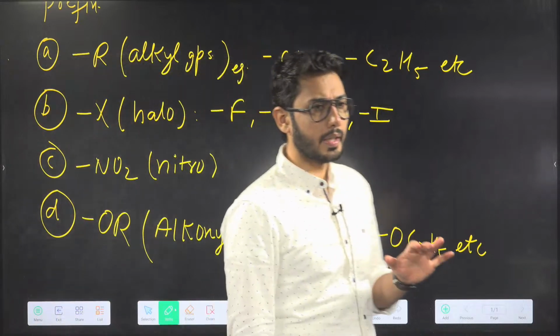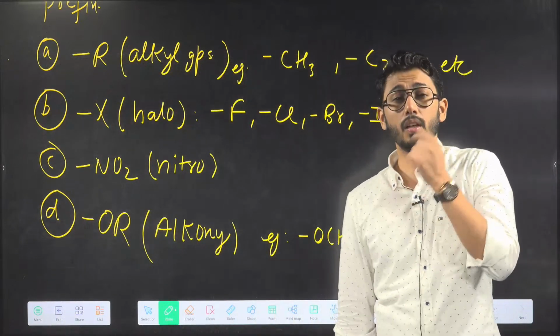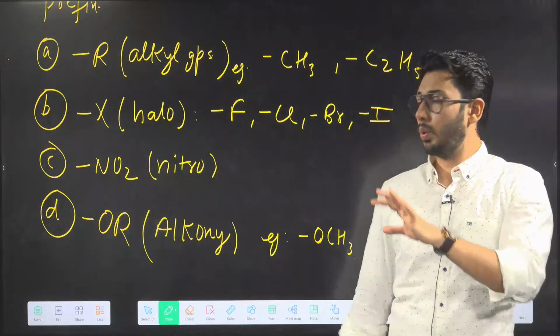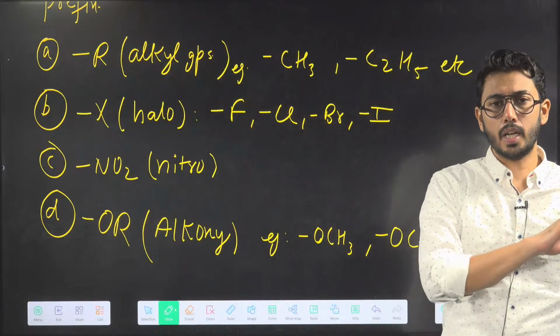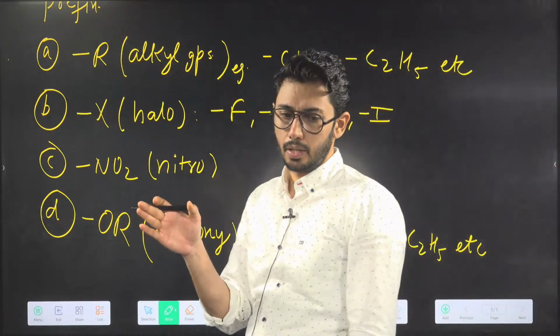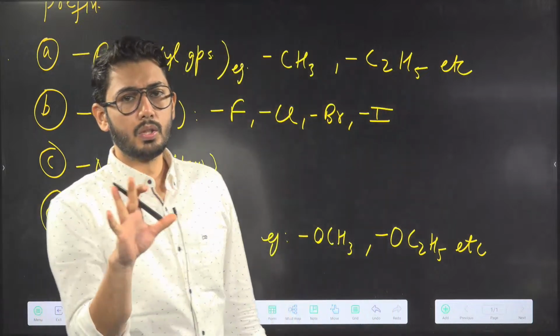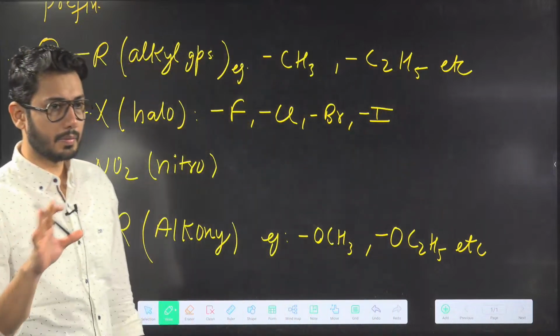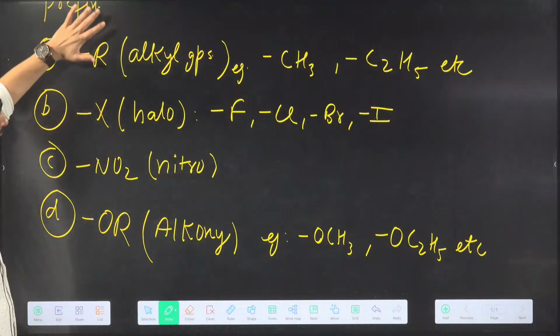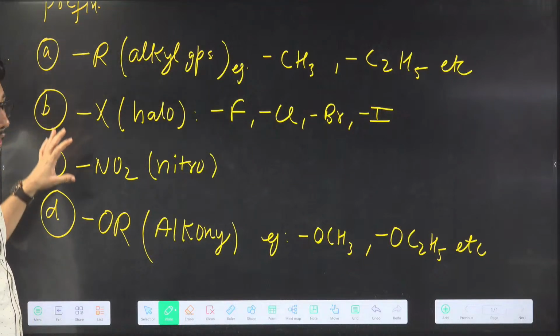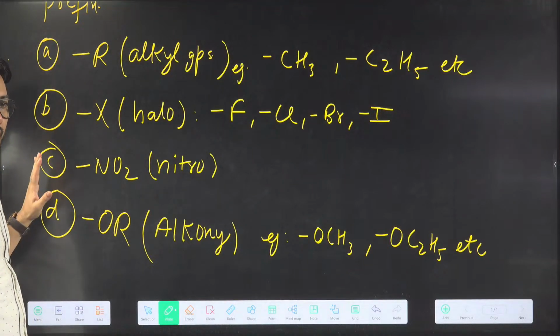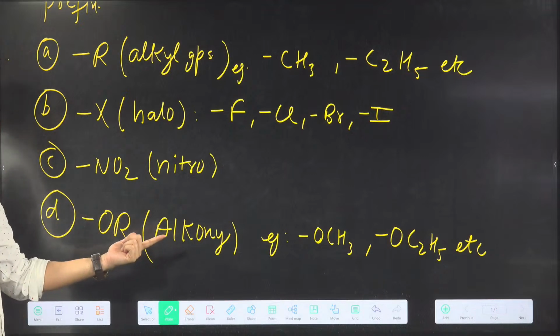When you read the materials or books, you will get more substituents, but they are not mentioned in the NCERT or NCERT exemplar, so they are not relevant to the syllabus. Most relevant are these four: alkyl group, halogens or halo groups, nitro, and ethers, which is OR, the alkoxy group.